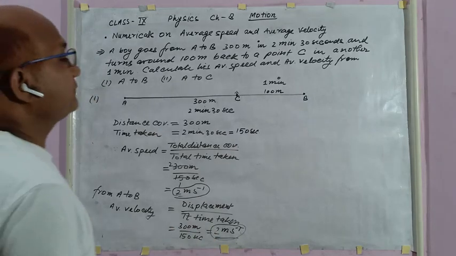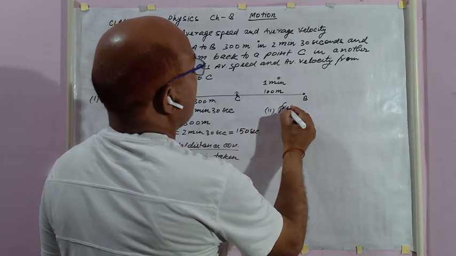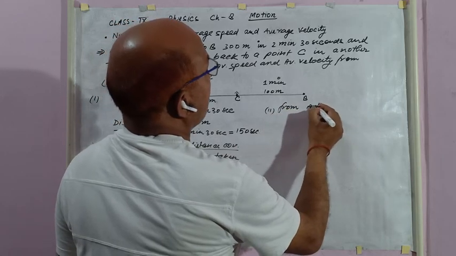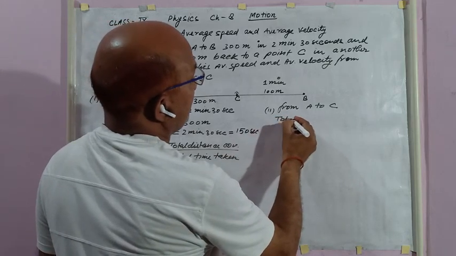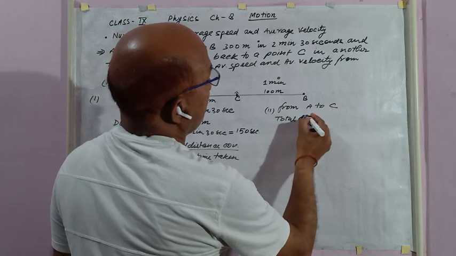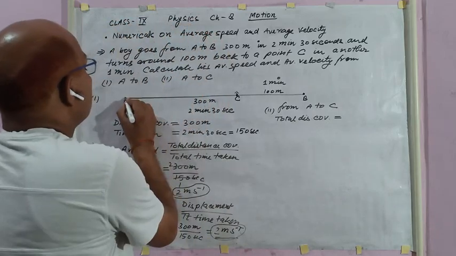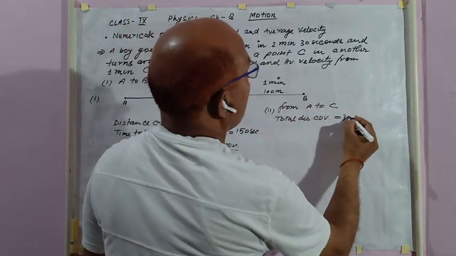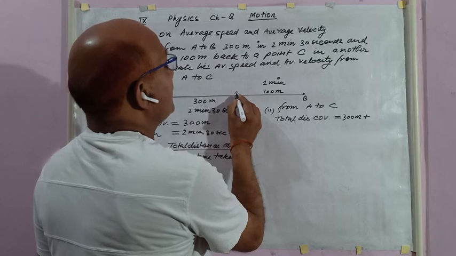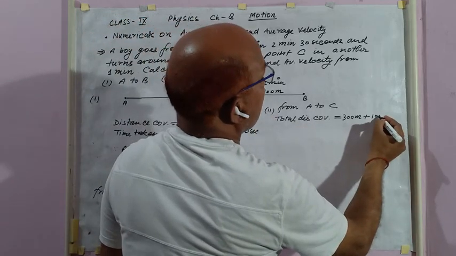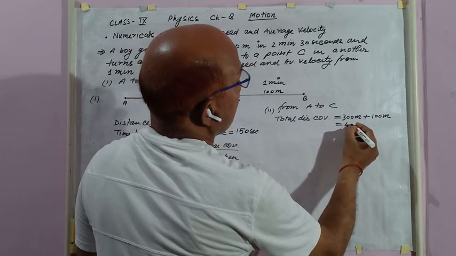So now second part, from A to C, total distance covered, this is 300 meter plus he turns back and reaches C, then he covers 100 meter more. So total distance covered is 400 meter.